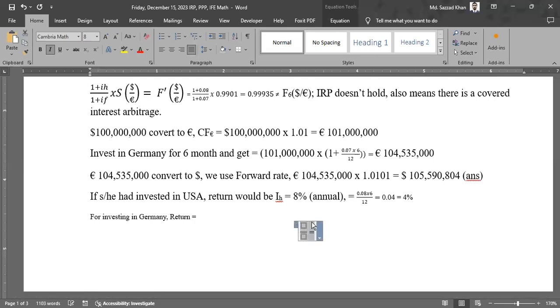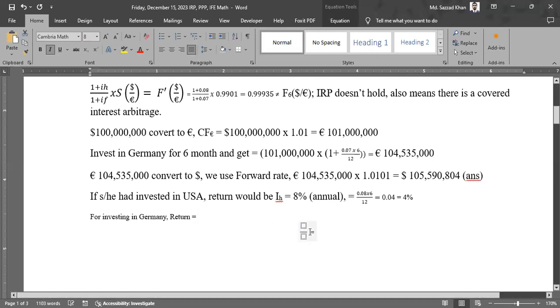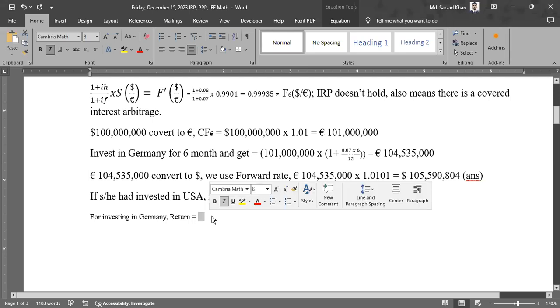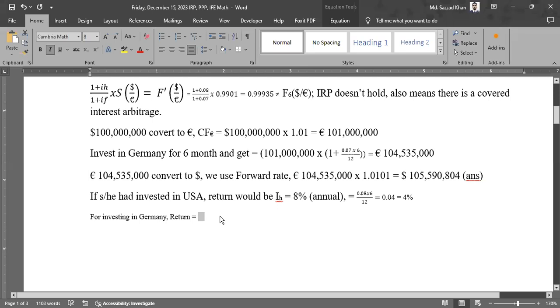I have no clue why it is not getting there. Oh God. Okay, let's not do it.